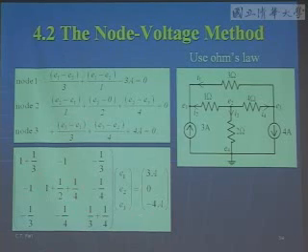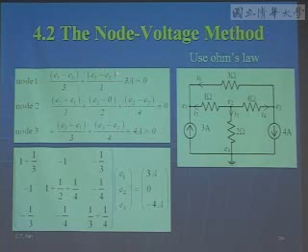the A matrix. Now how about the right hand side? Earlier we wrote summation of current leaving this node equal to 0. However, those current sources are known, so we can move them to the right hand side of the equation. On the left of the equals sign is the summation of current leaving this node.